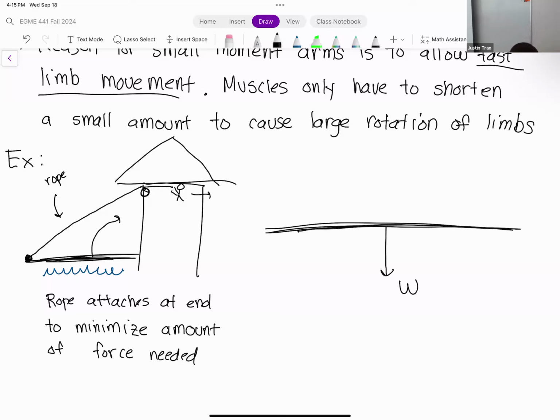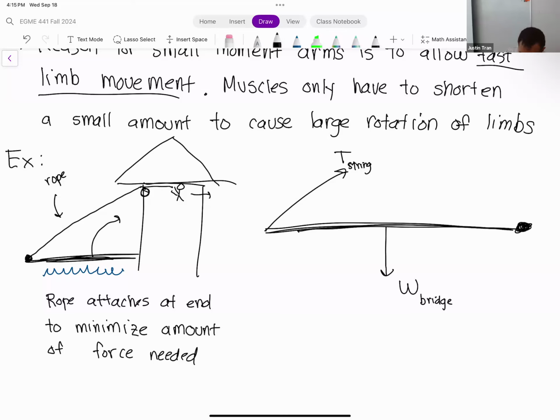So this is the weight of the bridge. And then at the end right here, we have the force of the drawstring, so this is the tension of the drawstring. And of course, where this rotates around is right here.